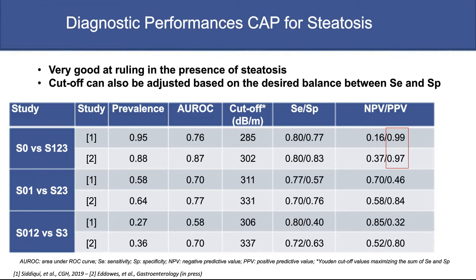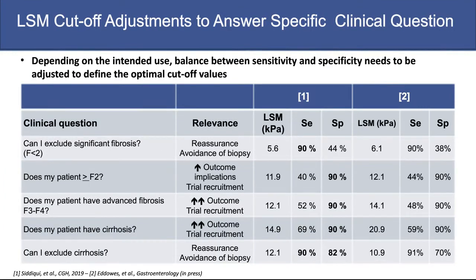Now, the grade of steatosis itself may not be that important. Once you establish presence of steatosis, that by itself would be helpful to document NAFLD, obviously. There are some specific clinical questions that can be answered through liver stiffness, and of course, you have to change the cutoffs based on your question.